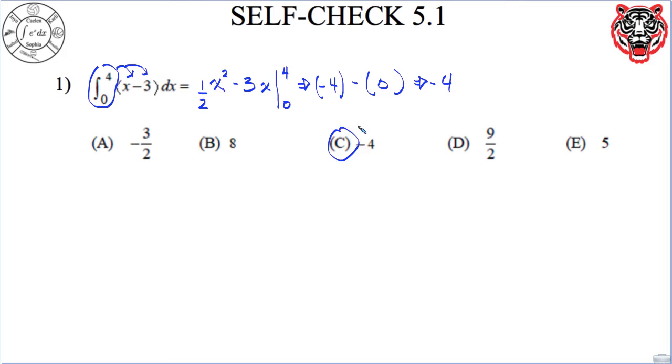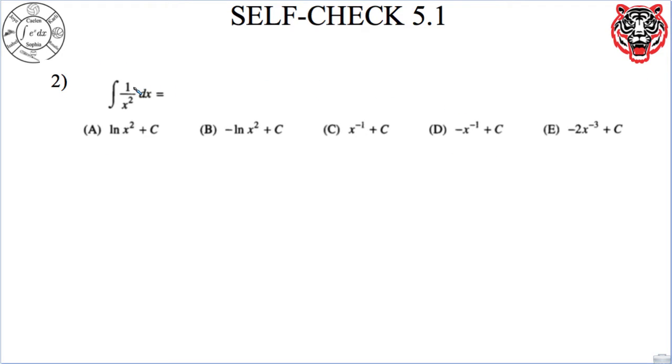C. Number 2. So this one, we don't like fractions in calculus. If you can avoid them, avoid it. So this is the same thing as the integral or the antiderivative of x to the negative 2. Now that we got rid of the fraction, this is much easier to deal with. So that's going to turn into, I'm going to add 1 to the power, so negative 2 plus 1 is a negative 1, so it's x to the negative 1.